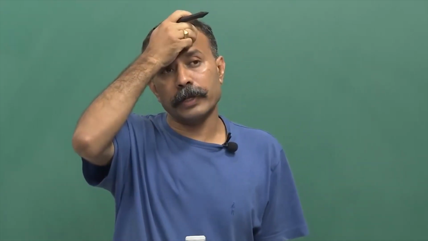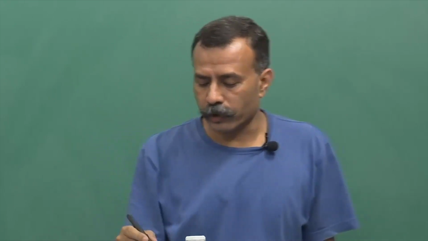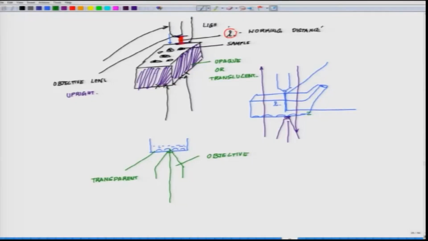You have to ask them: is this objective for plastic or glass? There is something on the objective lens. If you open the objective lens, you will see there is a number given like n is equal to something. I am not getting into the microscopic detail of what that means.